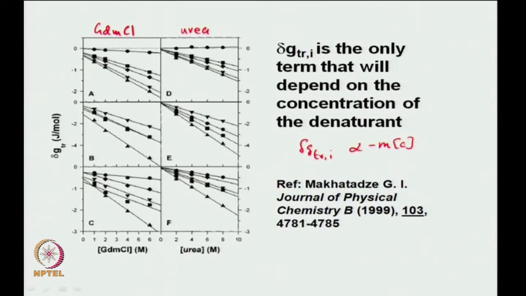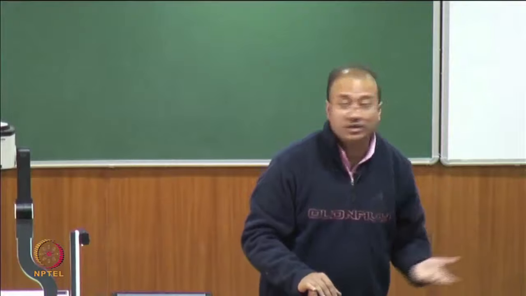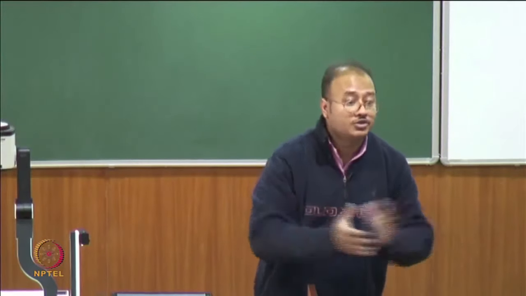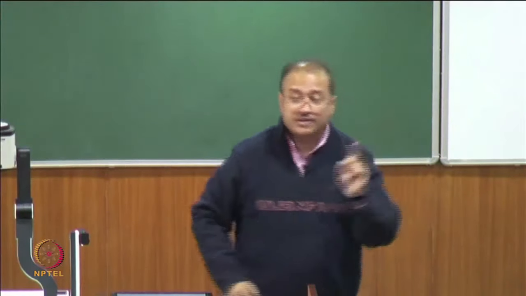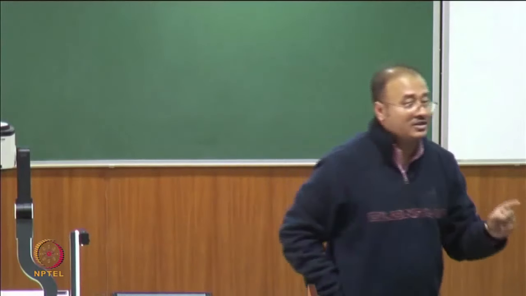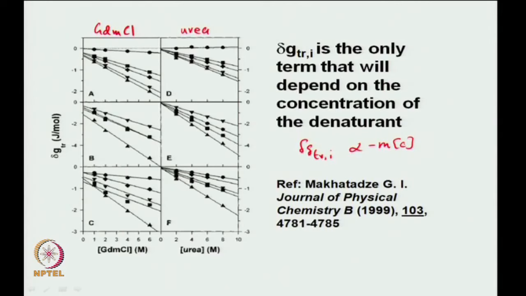That will also go to 0. Now this is what you have derived. This should be independent of what denaturant you are using. It is absolutely a universal truth. So, if this is maintained by whatever denaturant you are using, then you know that typically they are acting in a similar fashion by the same mechanism, no difference.